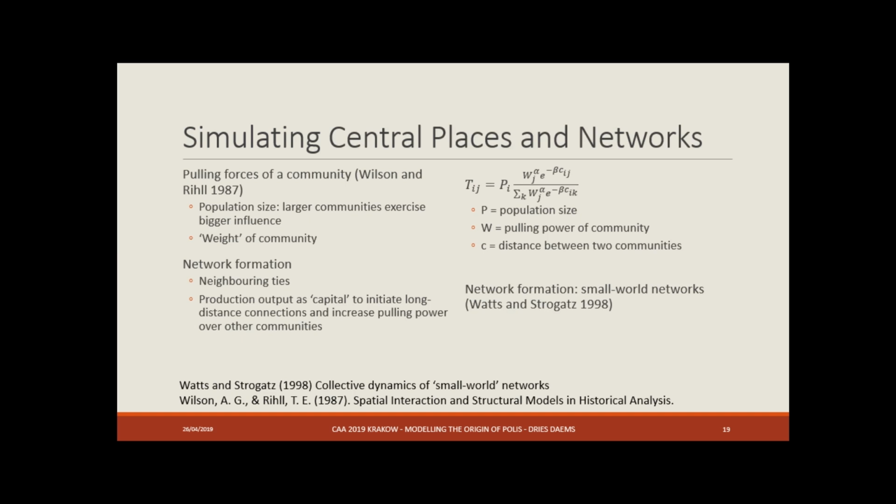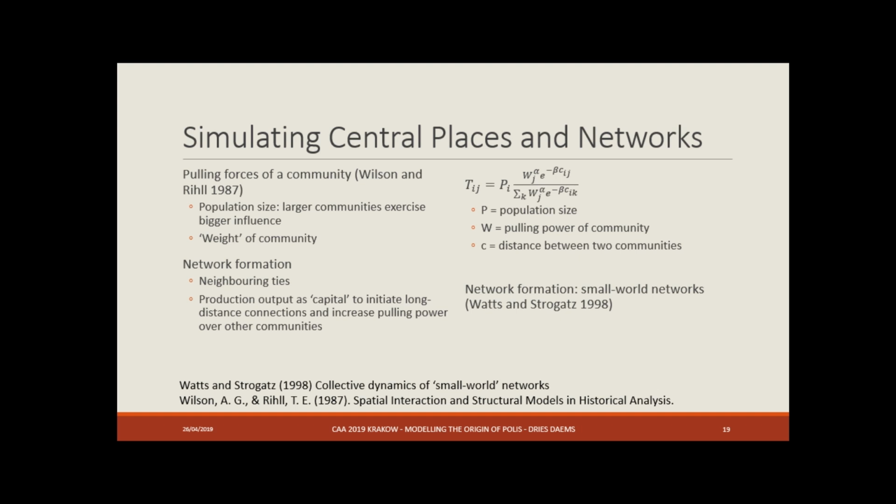One element that has been applied is, for example, how to develop origin of polis as a central node in a network. And this is something which has been done by Wilson and Rill in 1987 already, in the so-called retail model, which was actually applied to the case of polis, or origin of polis in the first place.